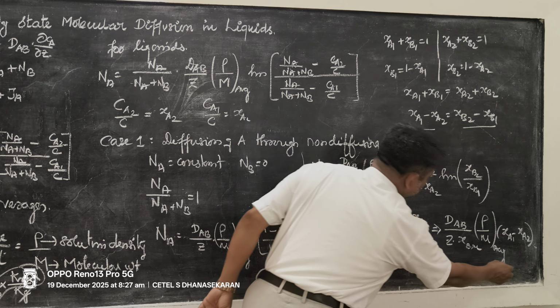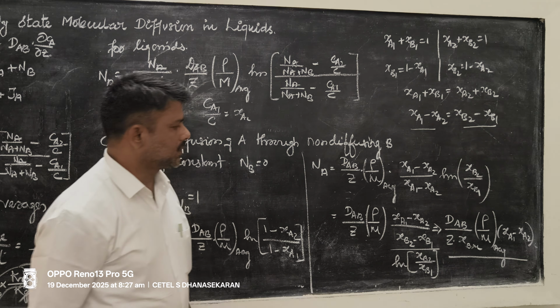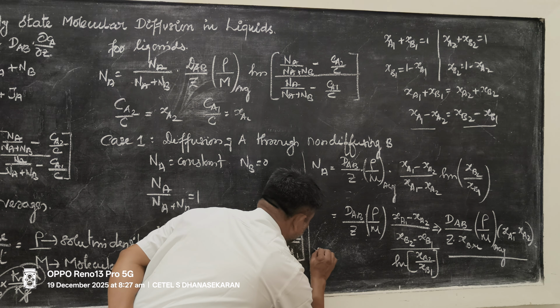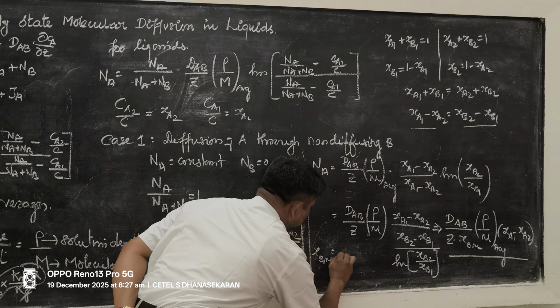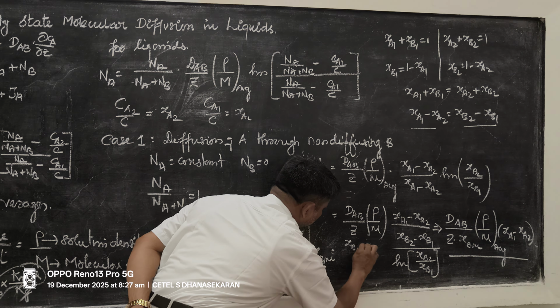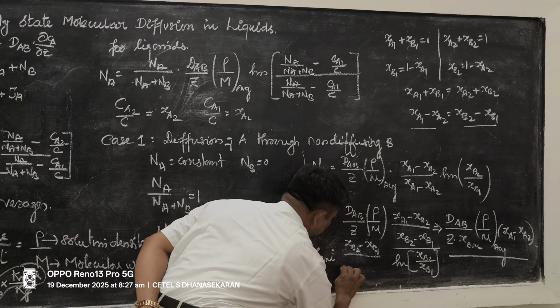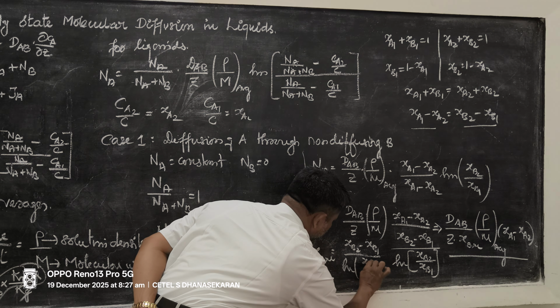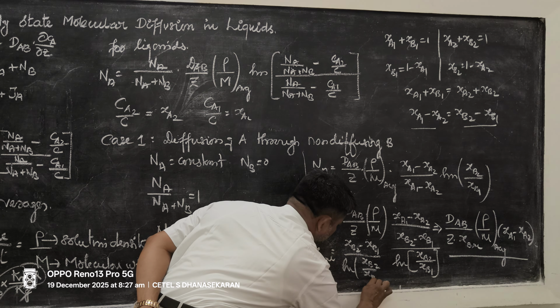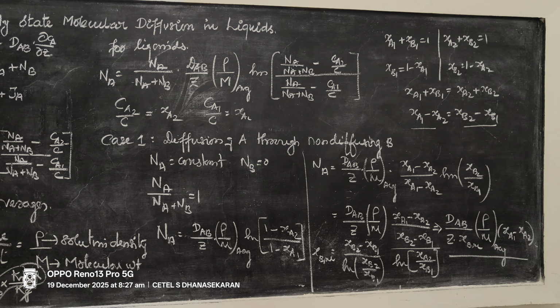Clear? Right. Where Xb mean is equal to Xb2 minus Xb1 divided by ln Xb2 divided by Xb1. Clear?